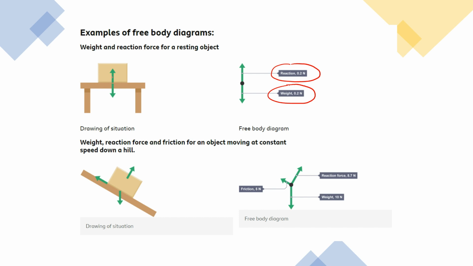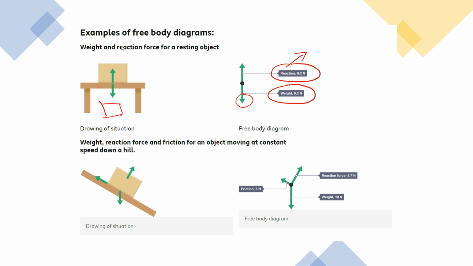Now suppose the book breaks the table and falls down. What does that mean? That means the weight acting downward is greater than the reaction force. That's the reason why it has broken the table and crashed into the ground.